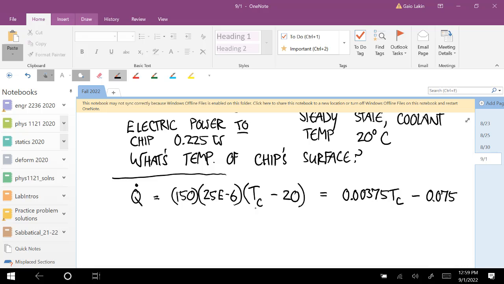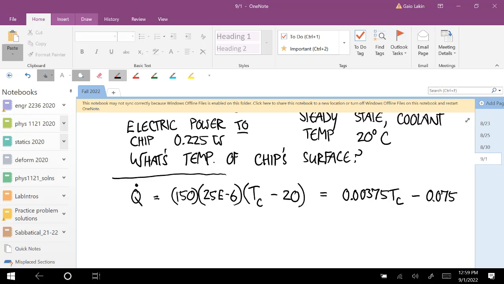Okay, that's Q dot. The chip is going to be a higher temperature than the coolant, so this is going to come out to be a positive number. Now we have to think of the sign convention of the first law. A positive Q means energy is going into the system, into the chip.